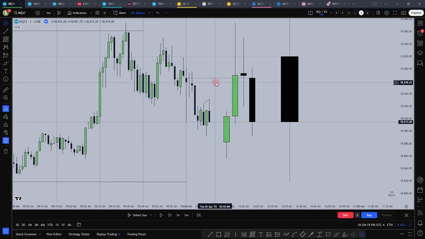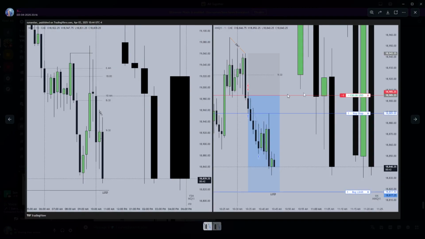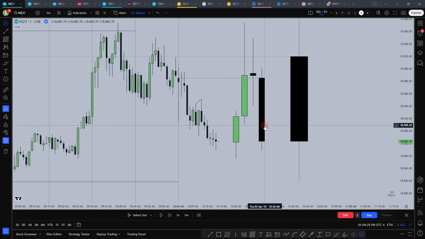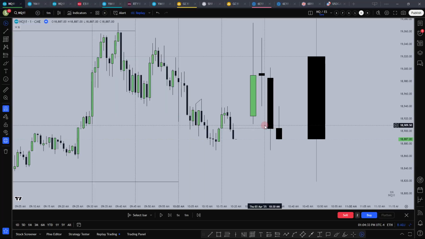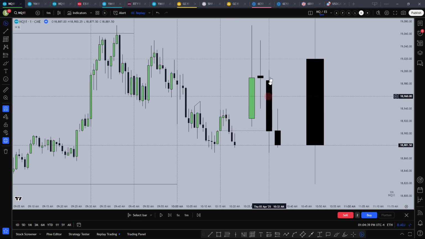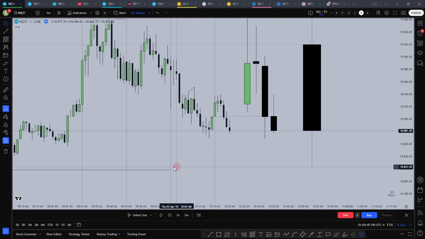I guess I framed 10:30. Okay, nice. 10:30 open, 10:15. Okay, I just wanted to see 10 a.m. expansion away from it. This could have been an entry if you wanted to take.